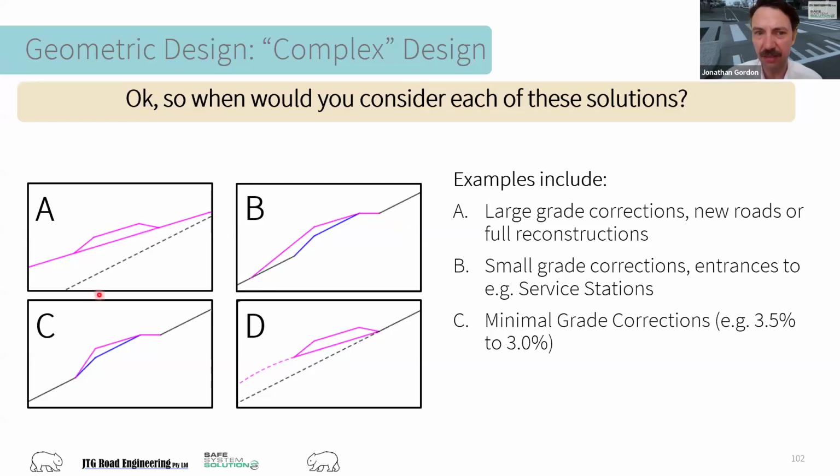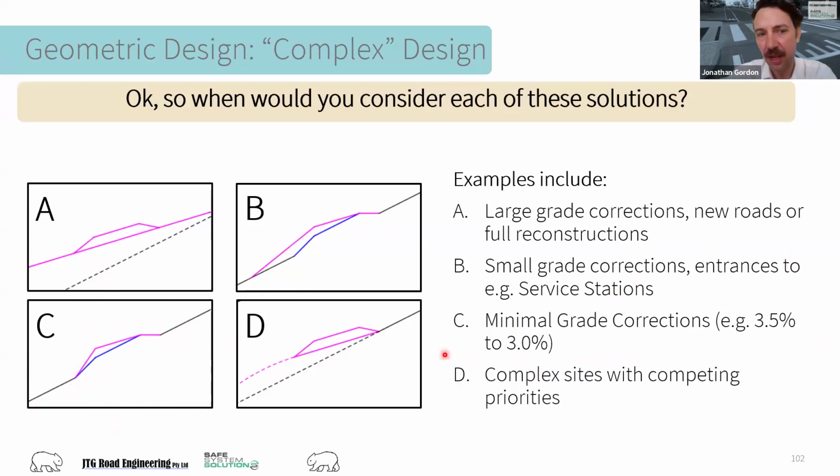Then option C, I'd say it's for tiny changes, but why make your ramps longer and why regrade anything if you can get an acceptable outcome from very small changes in carriageway levels? So things like your 3.5 to 3% longitudinal grade changes. You could draft this and it could be just a little bit lower at this end as a ramp height. It could be a little bit higher at this end as a ramp height, and it just works fine for your site.